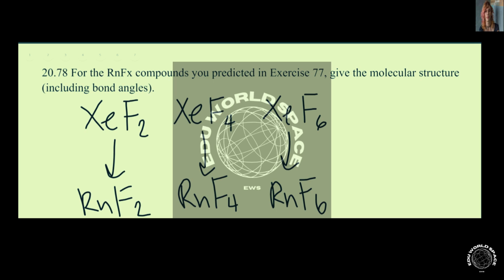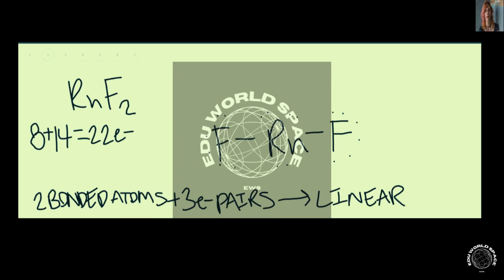So let's start drawing the Lewis structures for these, and then we'll get the molecular structure. The first one is RnF2. We know that radon is going to bring 8 valence electrons, and our 2 fluorine atoms will bring 14 valence electrons. That gives us 22 electrons overall. Then we can just draw radon with single bonds to both of the fluorine atoms and fill in the octet on the fluorine atoms.